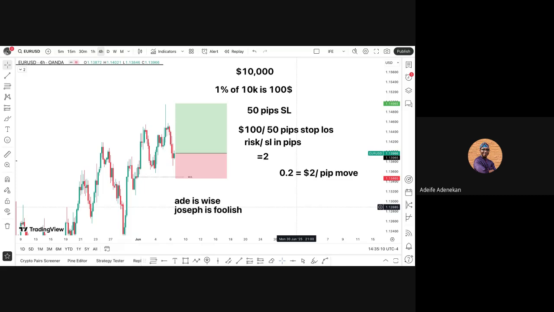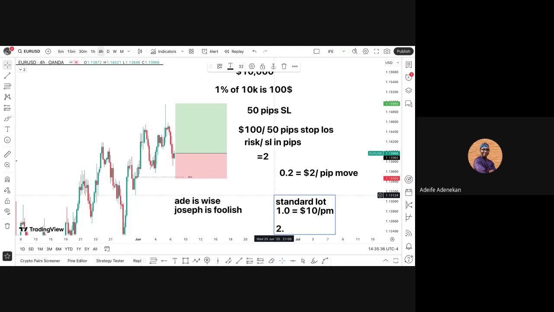Because if you remember, standard lot 1.0 will be equal to $10 per pip movement.